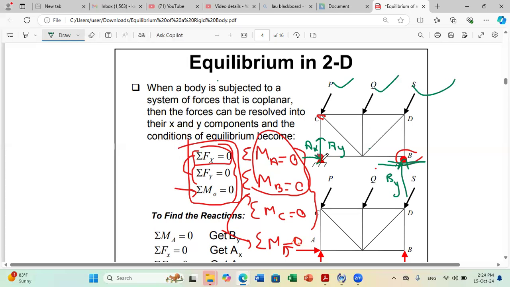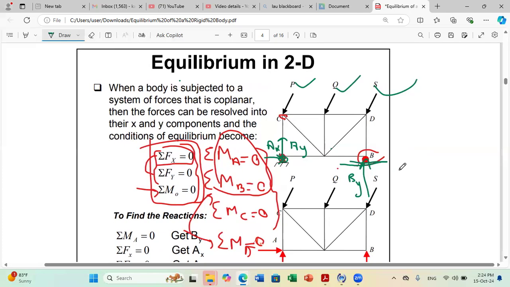If I do sum of moments about A, AX and AY will not produce any moment. So I just have By times this distance, plus I add moment of these forces, I calculate them, I know all of my forces, equals 0. So the only unknown will be By. I can solve for By.